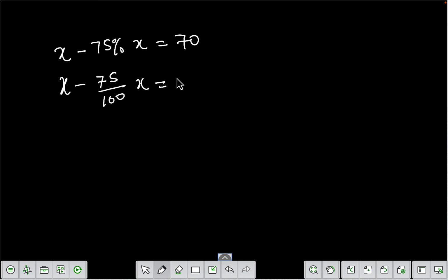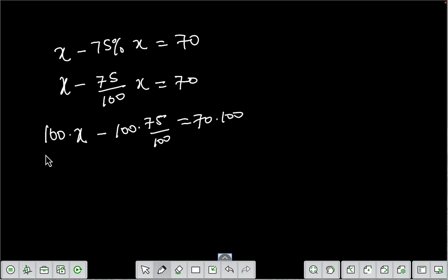X equals 70. Nothing has changed. We just change the percent to 75 over 100. Then we can multiply 100 by each, right? So 100 times x will give you 100x. There's an x here, sorry, x, and that will be equal to 7,000.